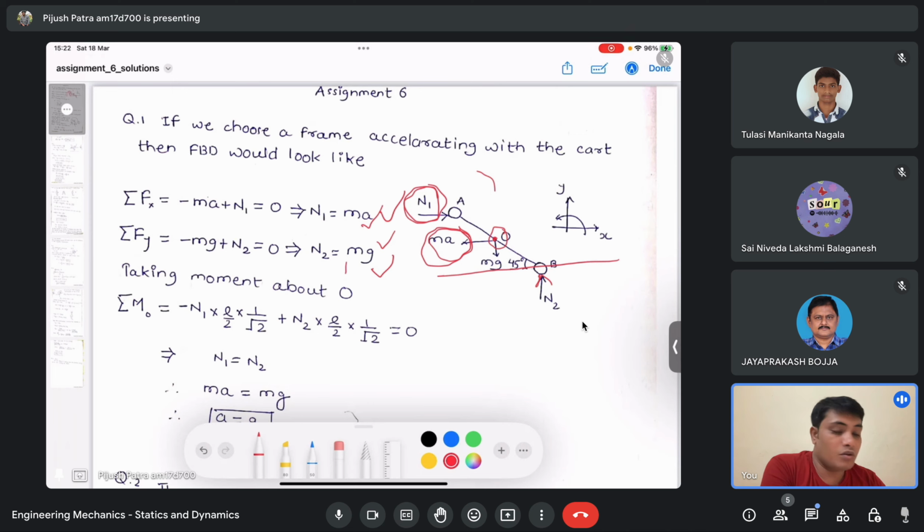Since you are taking moments about this point O, you don't need to bother about the forces which pass through that point. So only you have two forces, N1 and N2. So N2 into, you are taking about this point, so it should be L by 2.